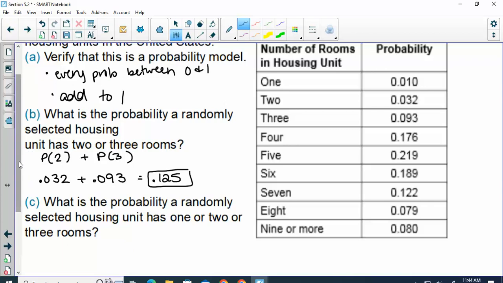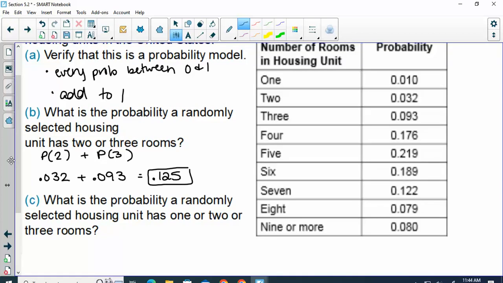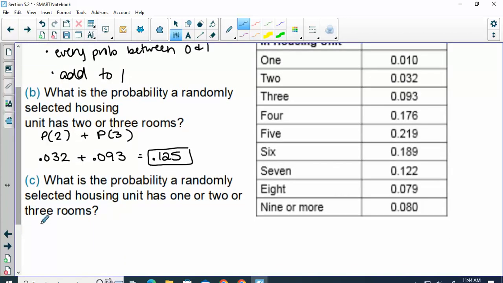Alright, so C. What's the probability that a randomly selected housing unit has 1 or 2 or 3 rooms? So what do we have to do? Basically the probability of 1 room plus the probability of 2 rooms plus the probability of 3 rooms, so you're just adding those together.